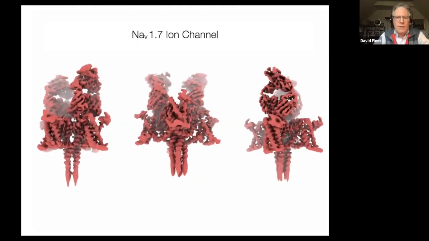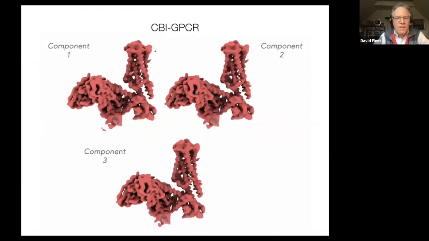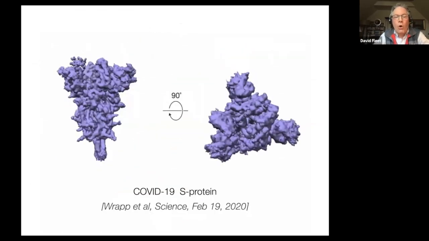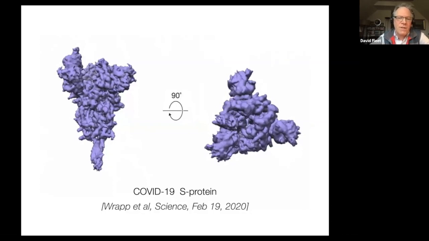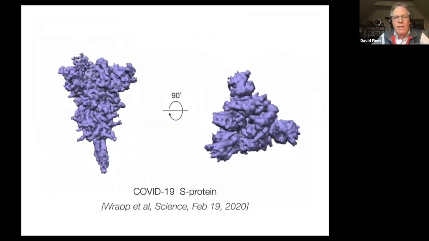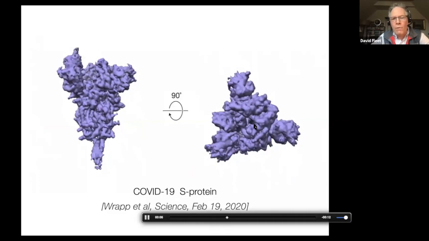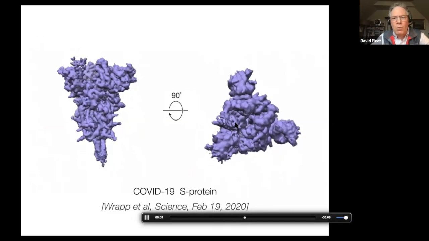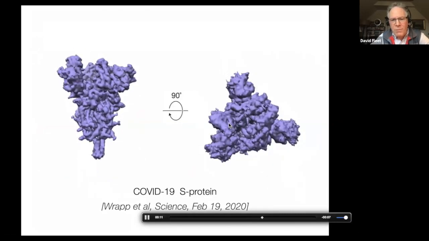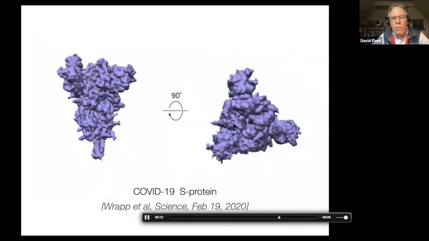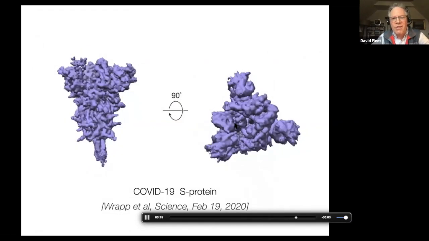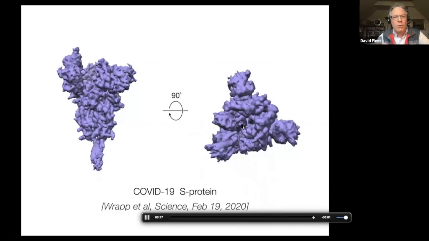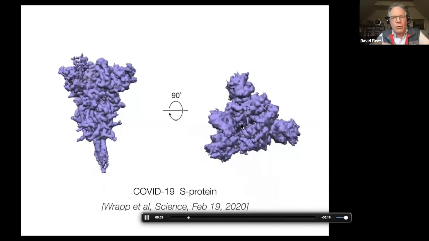Let's see. Yeah, this is one more. This is the motion of the spike protein. And this was actually very important for the development of vaccines, because what it showed, it doesn't mean much to me, to be honest, but what it showed biologists is that there are two different states of the spike protein, what they call an open state and a closed state.